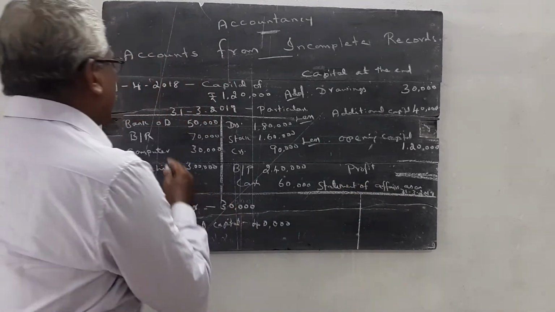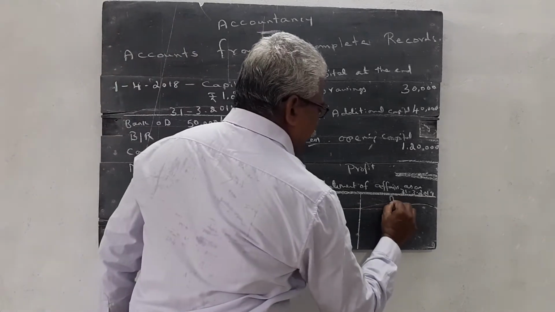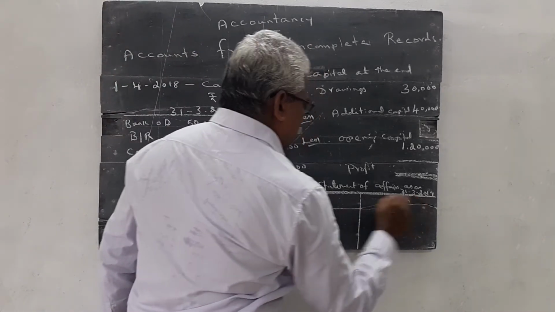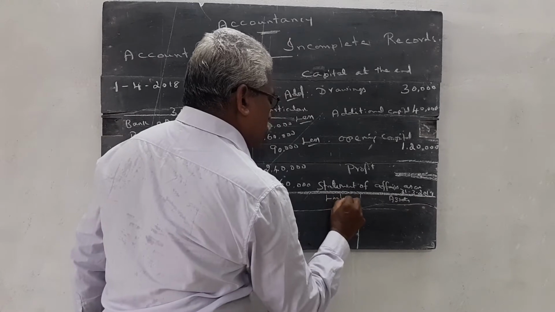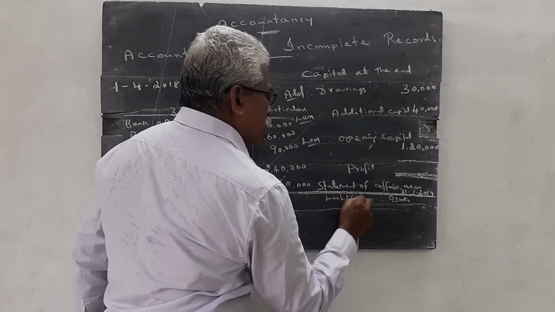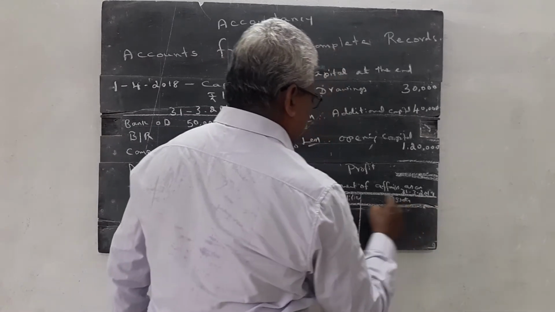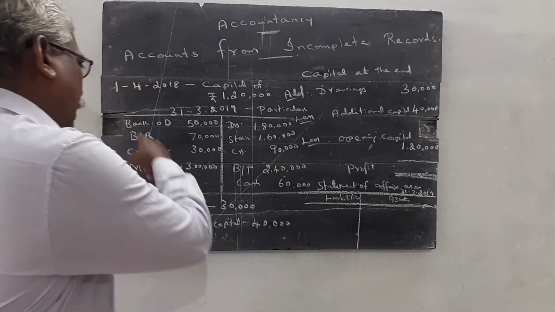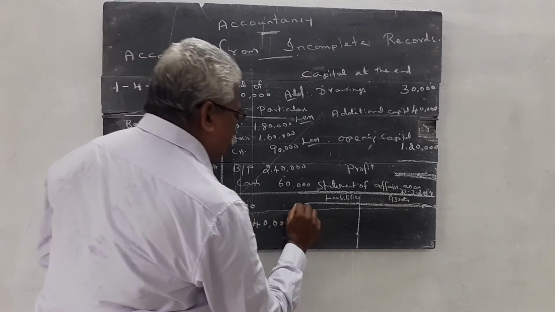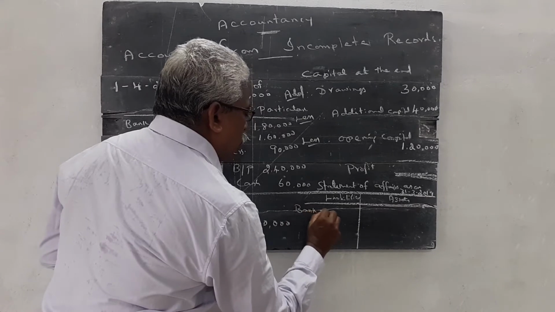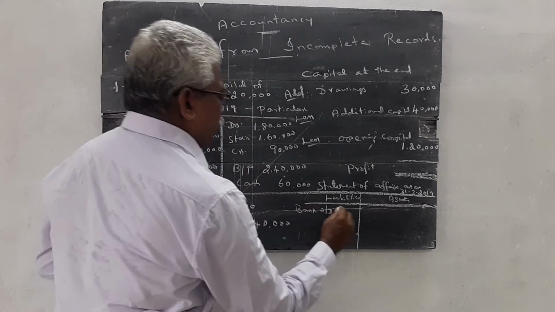So first, assets are entered here, liabilities are entered here. Right hand side assets, left hand side liabilities. Write all the items one by one. Bank overdraft is a liability. Bank overdraft, liability side, 50,000.